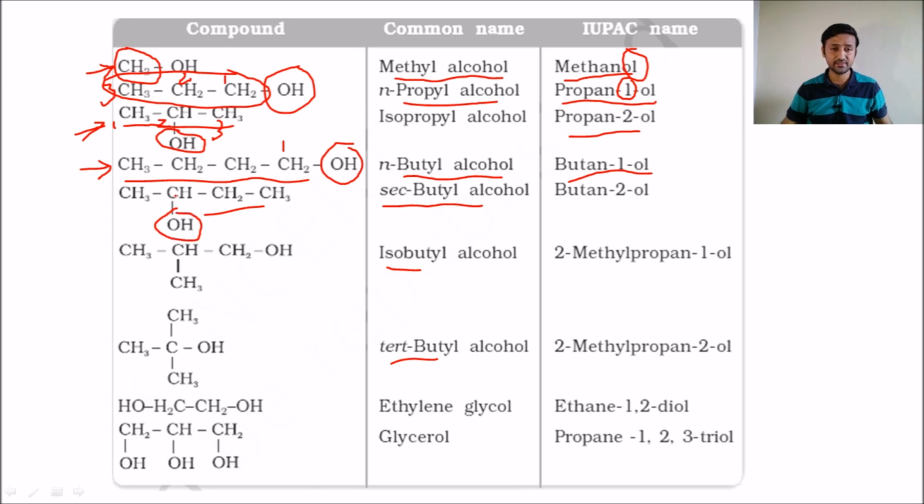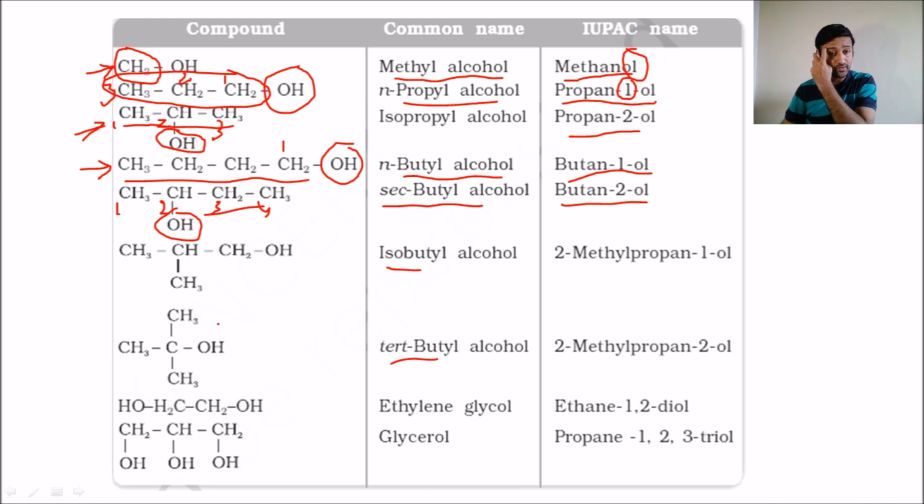So we can take this as secondary butyl alcohol. If you take the IUPAC name, you take numbering. It contains 4 carbon atoms in total, and on the second carbon we have the hydroxy group, so it should be called butane 2-ol. So butane 1-ol and butane 2-ol.